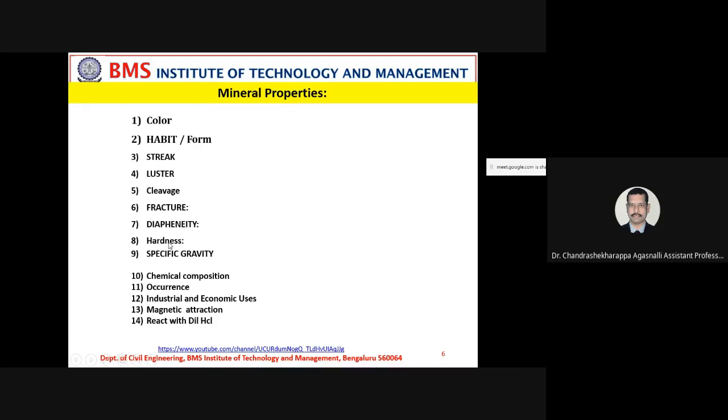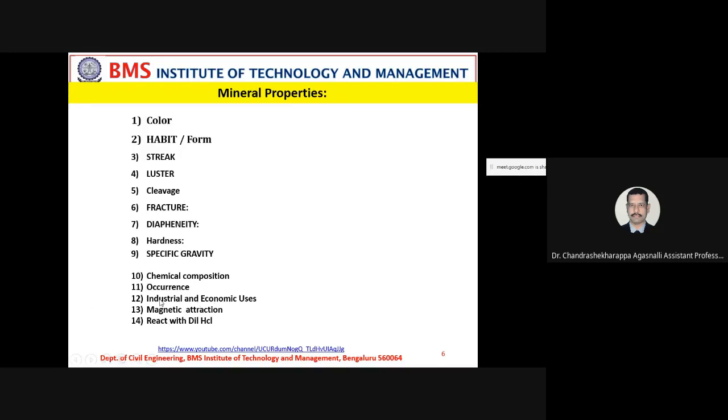Hardness is 7. As I told you, on the hardness scale, the quartz group of minerals all give a hardness of 7. Specific gravity is medium, and the chemical composition is SiO2, silicon dioxide. It occurs in almost all rock types: igneous, sedimentary, and metamorphic rocks.